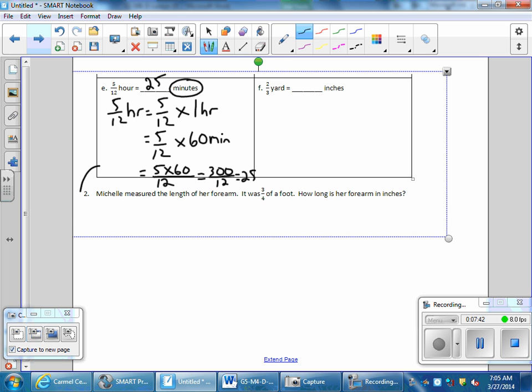I'm going to show my tape down here. Hopefully you had more room if you were doing it in your notebook. My tape is taken from the 60 minutes divided by 12.